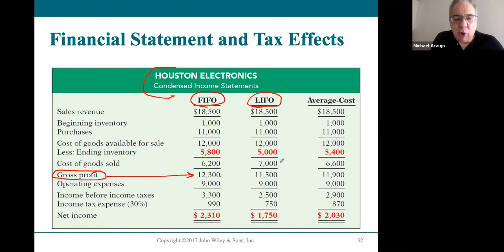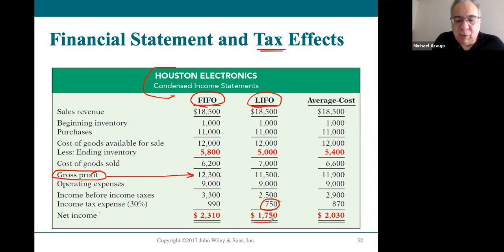Using LIFO would not be ideal. Using average cost would not be ideal because it would affect their gross profit margins. It would also affect their net profit margins. So again, that would be the thing that you would look at. If companies were worried about taxes, well, then in this case, you don't want to have a very high amount of income or profit, so you can reduce your tax.